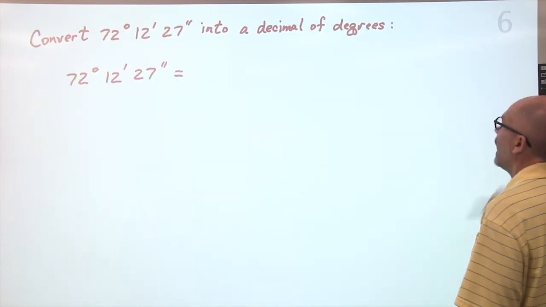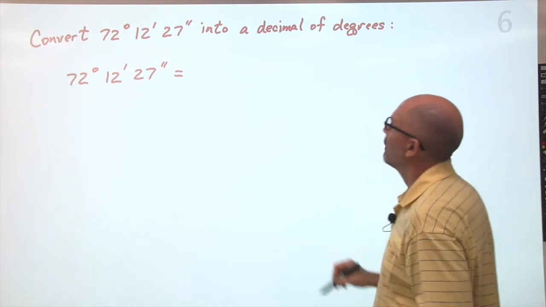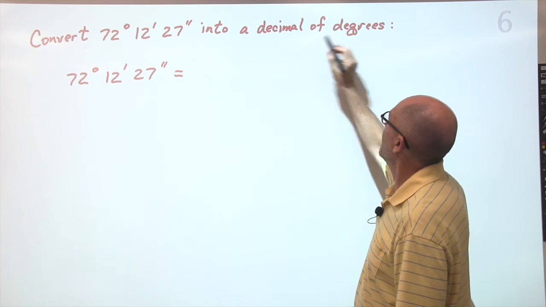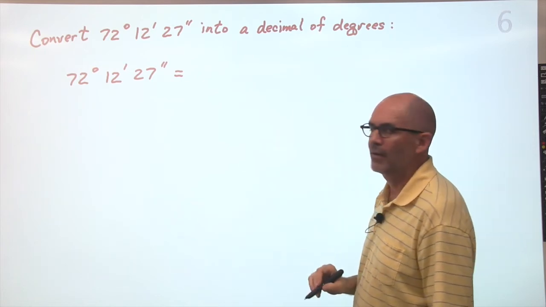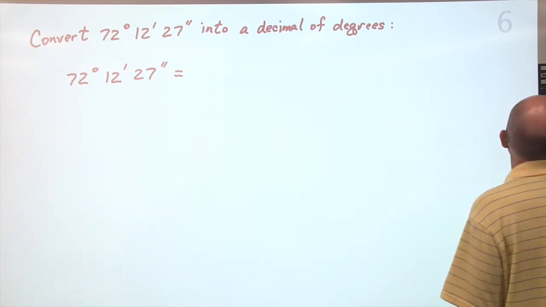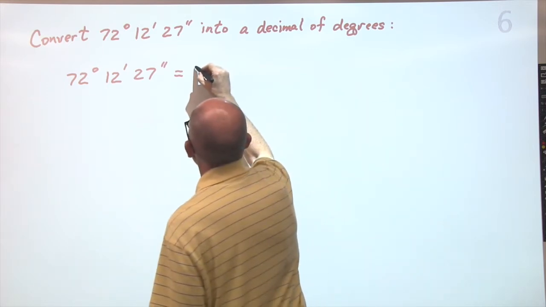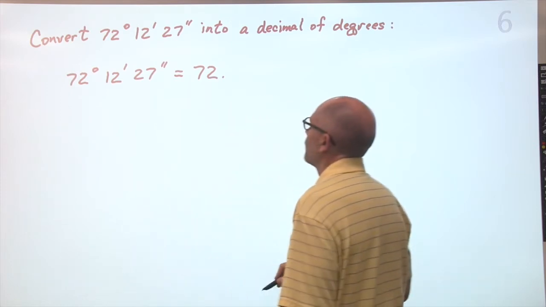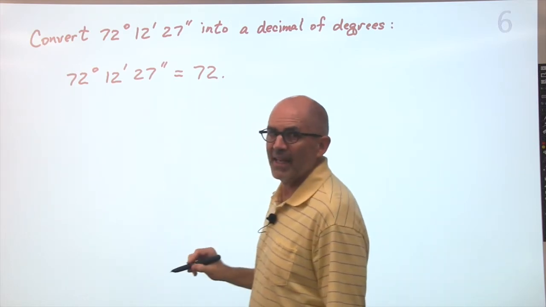Now, let's go the other direction. I have 72 degrees, 12 minutes, 27 seconds, and I want a decimal of degrees. So clearly, I have 72 point something degrees. Now, 12 minutes.